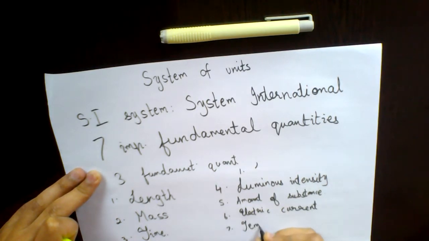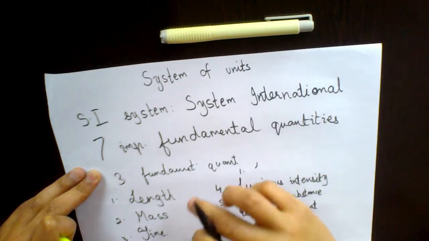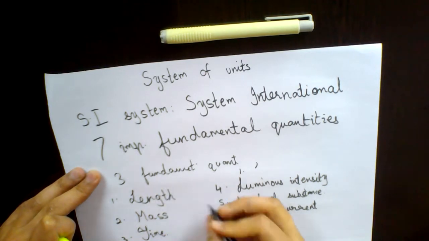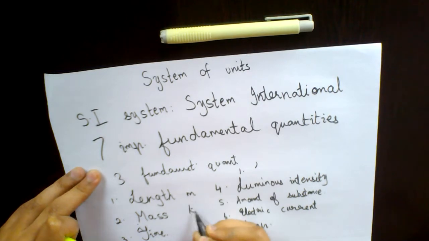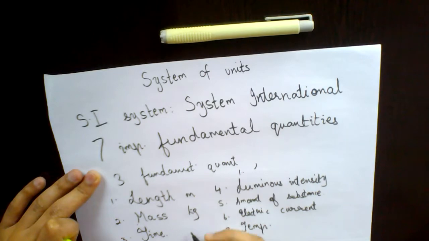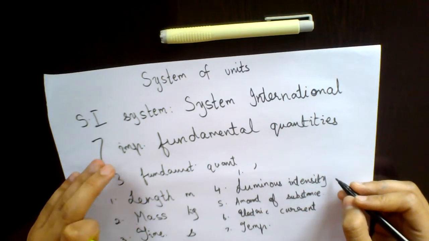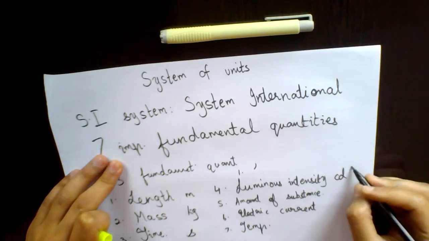Now, each fundamental quantity had a unit associated with it. For example, length had the unit of meter, mass had the unit of kilogram, and time had seconds. Luminous intensity had the unit of cd, which is known as candela.